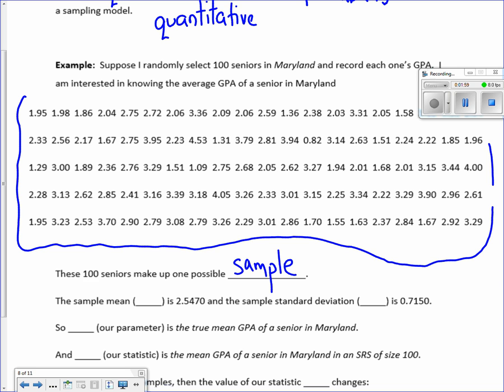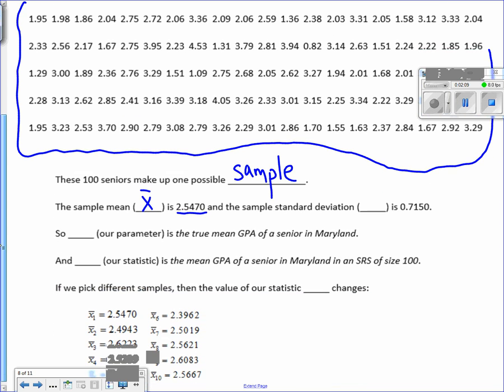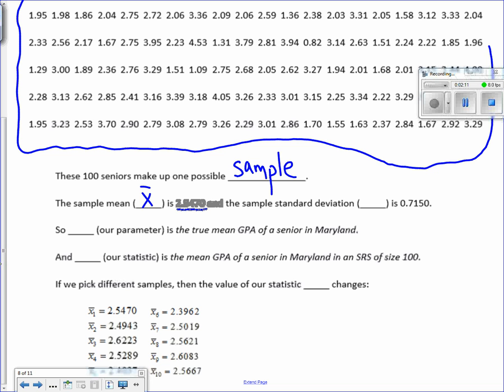The sample mean that we identify as x bar for these 100 seniors happens to be 2.547. Now I know some of you are thinking 2.5, that's not very good. Yeah, because your GPAs are higher than that, but these are seniors, non-STEM, non-IB, maybe they didn't all take AP.